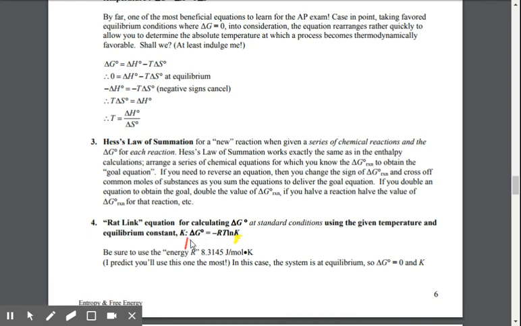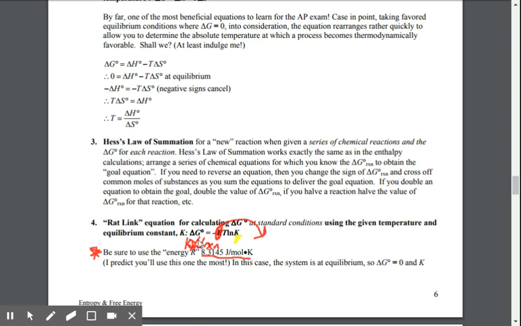Because delta G is measured in kilojoules per mole reaction, this R value needs to be the R value that's dealing with energy. So be sure to use the energy R value. The problem with that, though, is that this is 8.3145 joules over mole Kelvin.